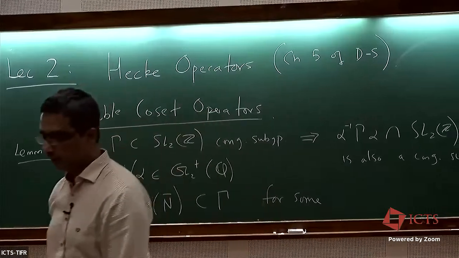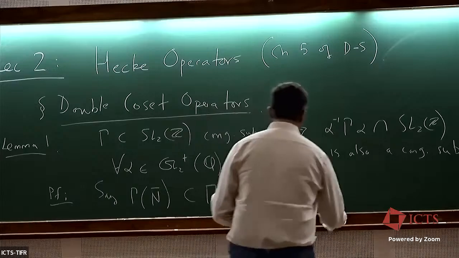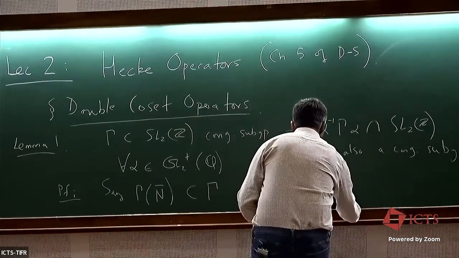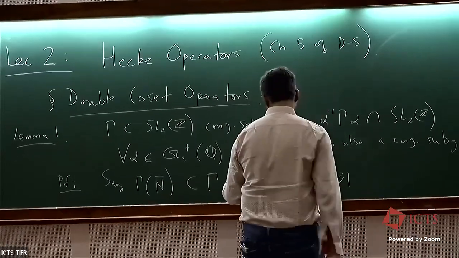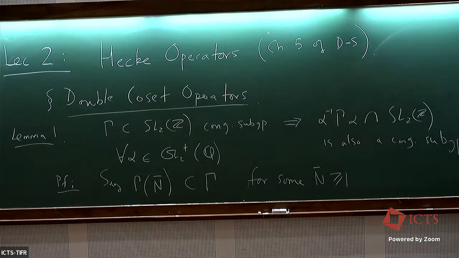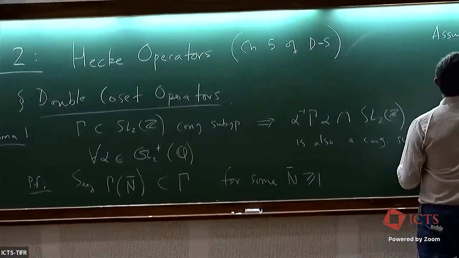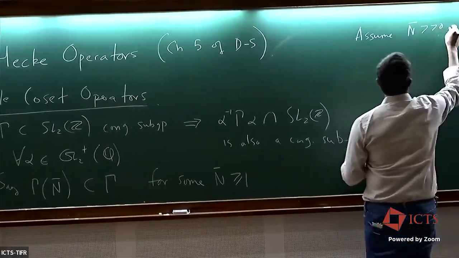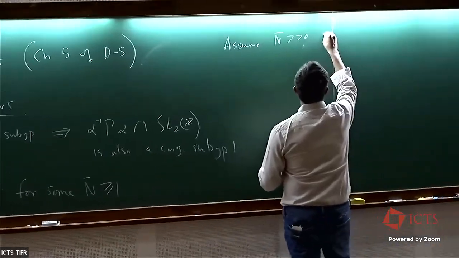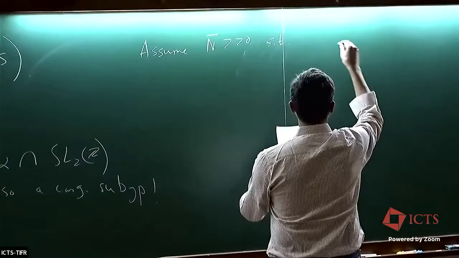The one that works for gamma doesn't work. So let's start with N bar for gamma. We know this. And let's assume that N bar is so large such that the following things happen.